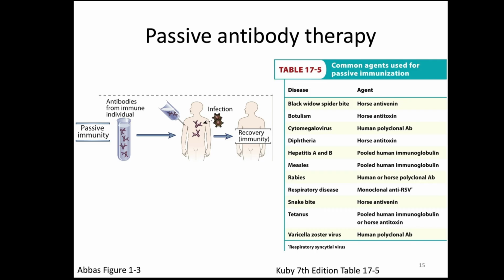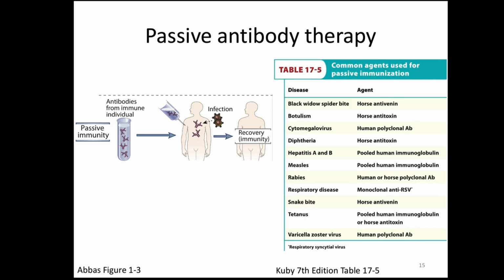But these are some of the originals, and this is still very much how it works for some of these cases. So if you look at this, one of the examples here is a black widow spider bite. It says that you are treated with horse antivenin. What that means is you are treated with antibodies from a horse.